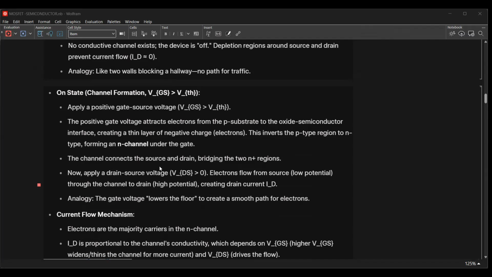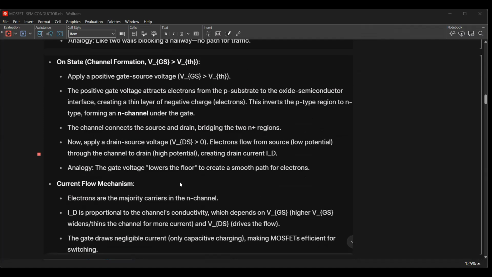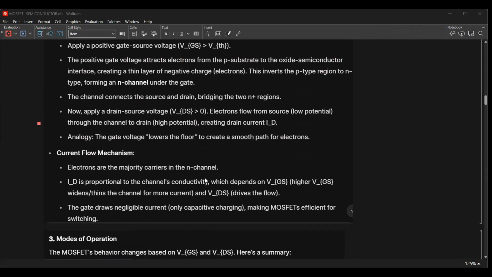The channel connects the source and the drain, bridging the two N-plus regions. Now apply a drain-source voltage greater than zero. The electrons flow from the source, low potential, through the channel to the drain, high potential, creating a drain current. The analogy: the gate voltage lowers the floor to create a smooth path for electrons.